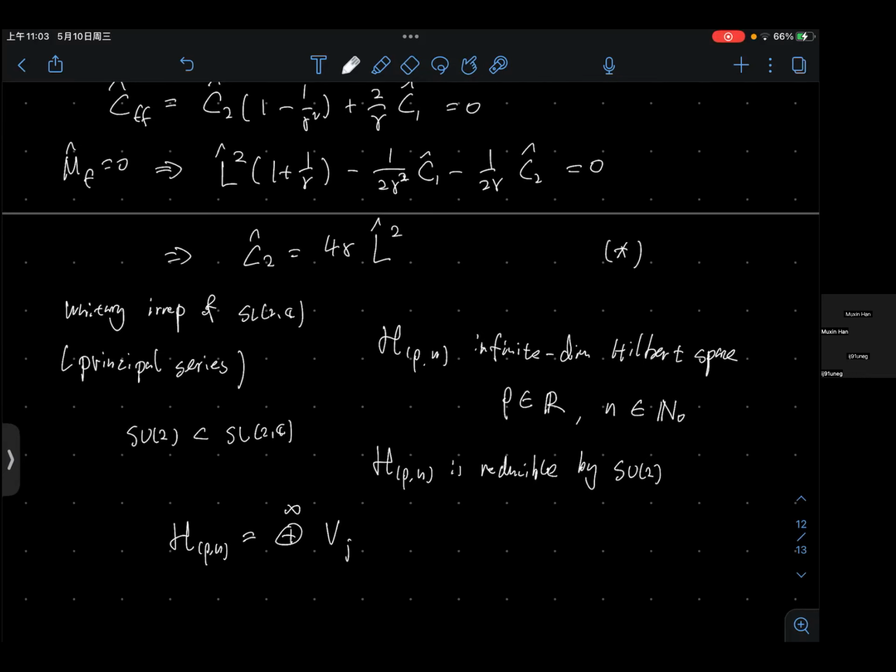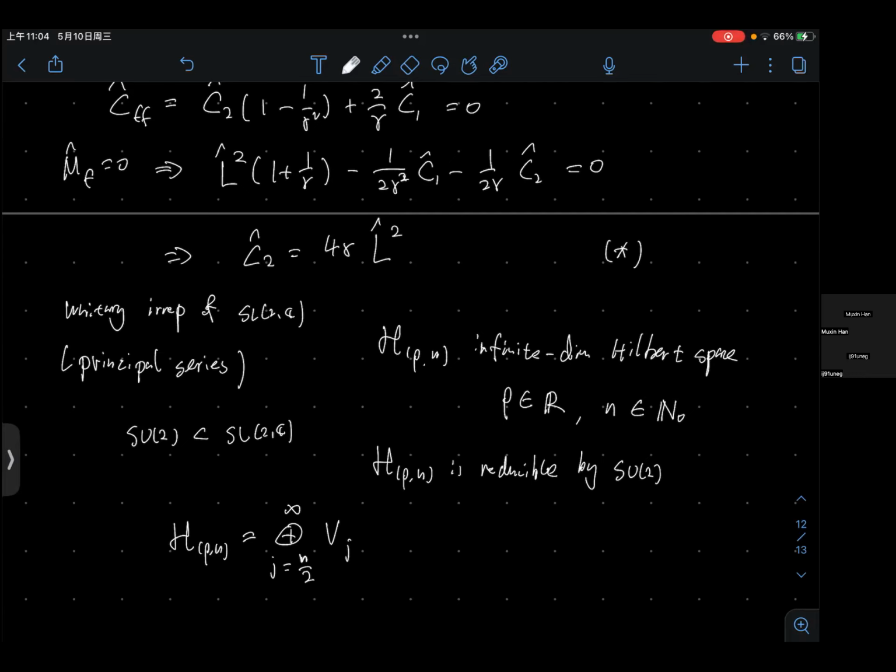There is also a starting point of this tower, which relates to N. J has to start from N over 2 and go all the way to infinity, with multiplicity only 1. So any SU2 irreducible representation occurs only once.